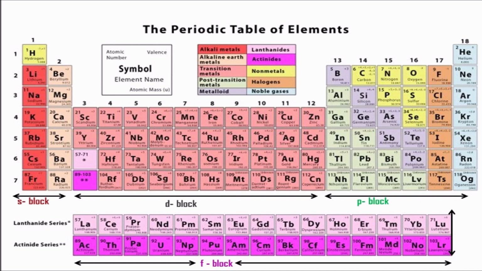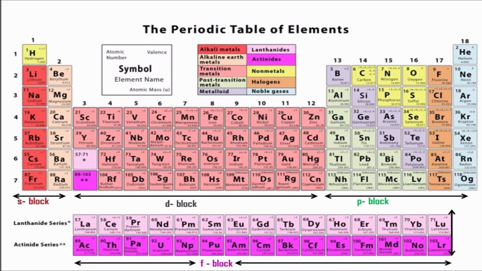Many of these elements were recently found, almost after 2000. We have found many elements, but as of now we have got 118 elements in our modern periodic table. The entire periodic table we can divide into 4 blocks, as I already told you: S block, P block, D block, and F block. The S block contains group 1 and 2.